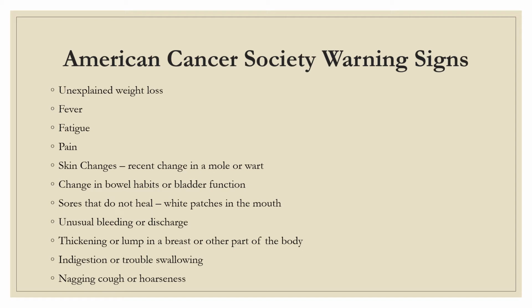A thickening or lump in the breast or other part of the body. We really urge women to check their breasts for any lumps for breast cancer. Men can also get breast cancer, so men and women should be checking for lumps in the breast. Indigestion or trouble swallowing is also a warning sign, as well as a nagging cough or hoarseness, which is more in relation to lung cancer.